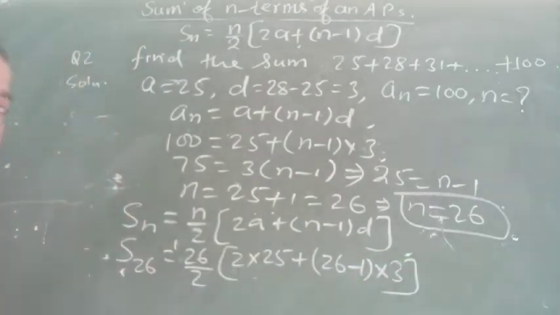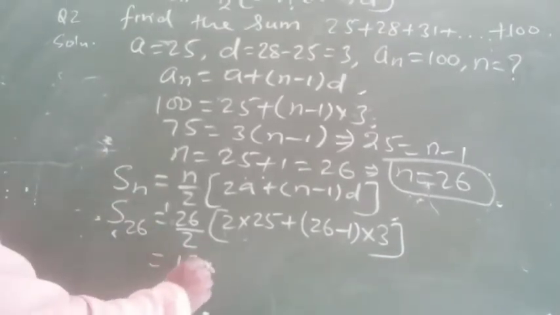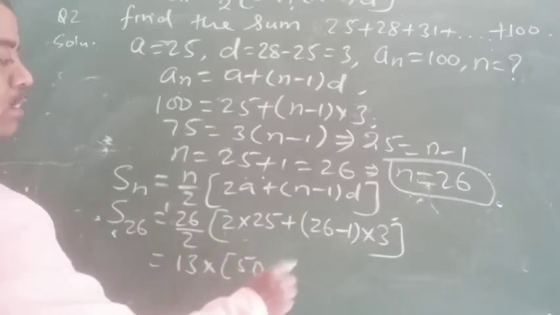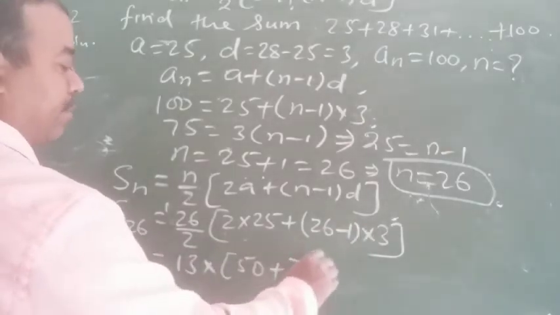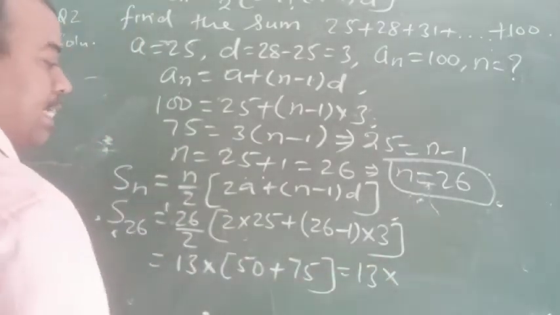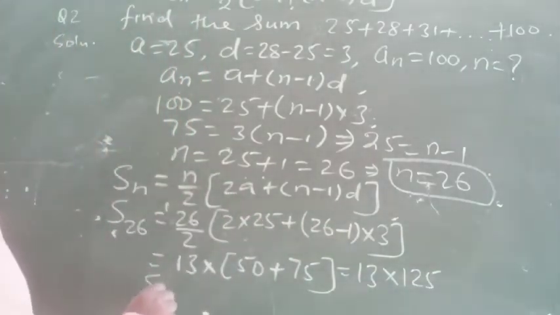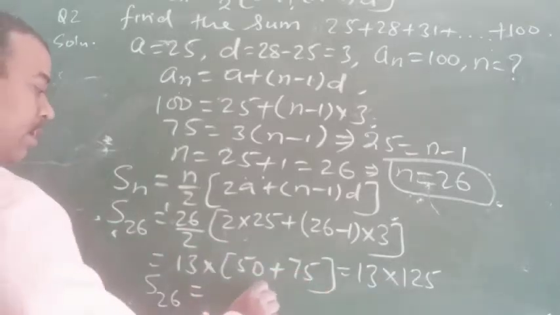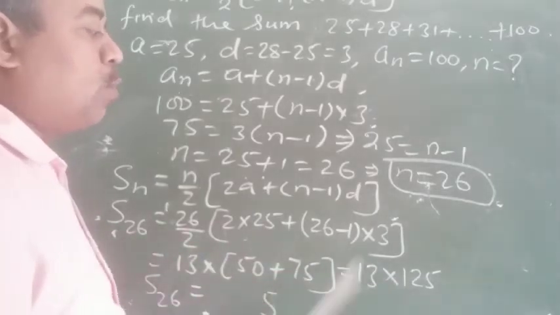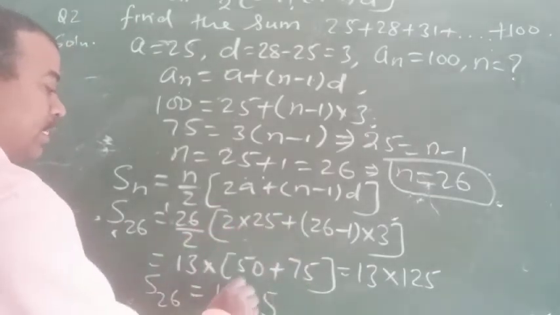So what should be the answer? It will be 13 into (50 plus 25 into 3, that is 75), so 13 into 125, since 50 and 75 make 125. Now do the product. S26 will be 13 into 125, which is 1625.